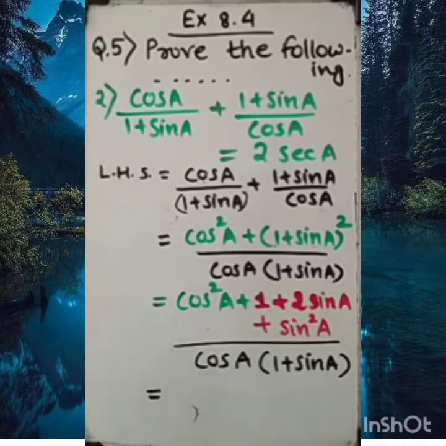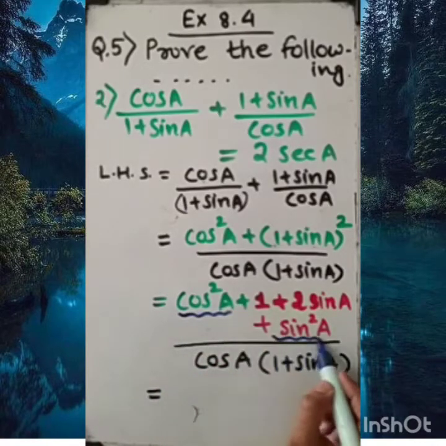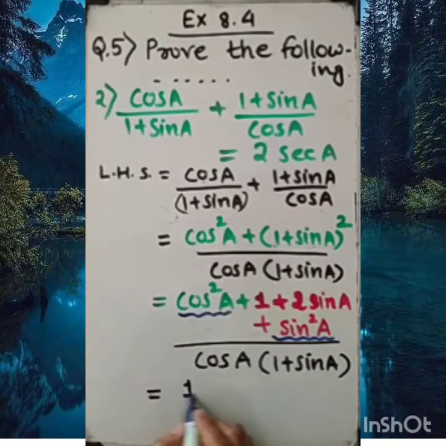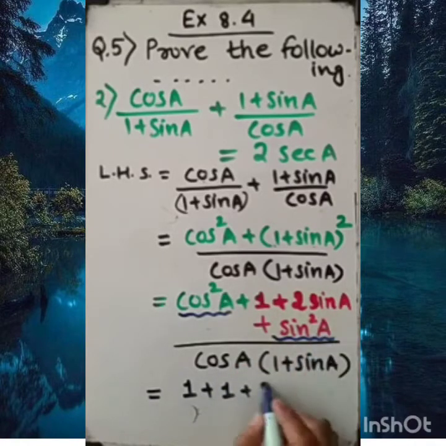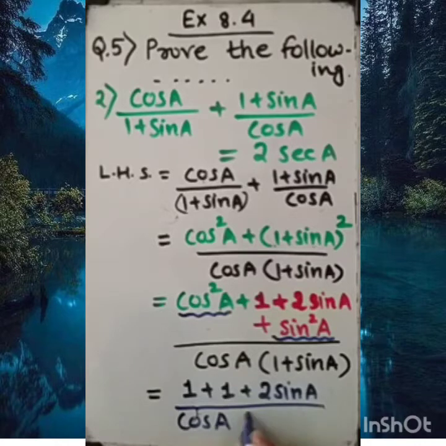Now dear student, I taught you that there is one hidden identity, cos square A plus sin square A, and the result is 1. So 1 plus this 1 is already 1, and this is 2 sin A, upon cos A, and on this side 1 plus sin A.